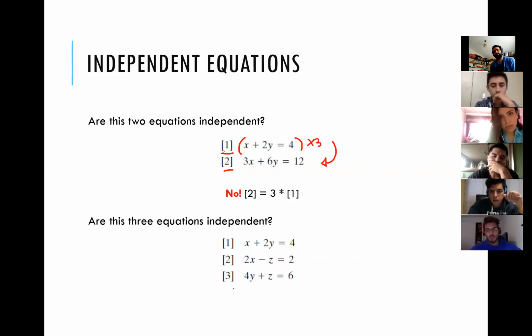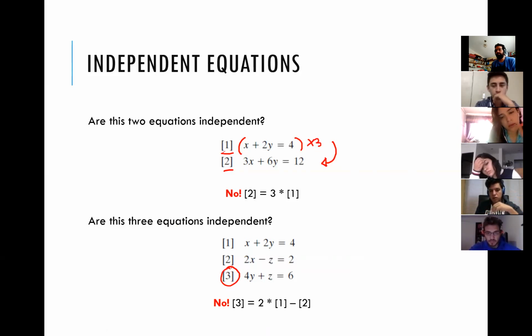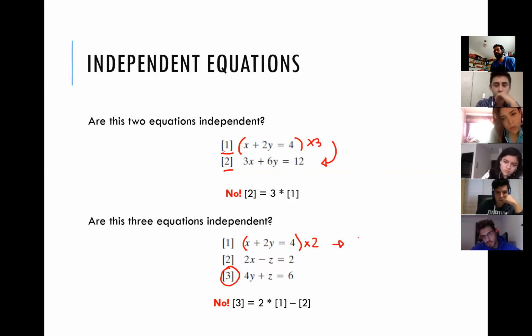Okay, these three equations are not independent because the third one you can obtain by multiplying the first one by 2 and subtracting the last one, right? So this one would be 2x plus 4y equal to 8, right?